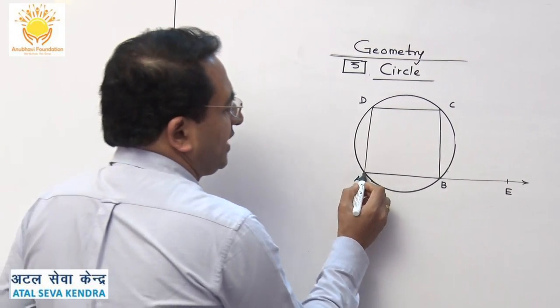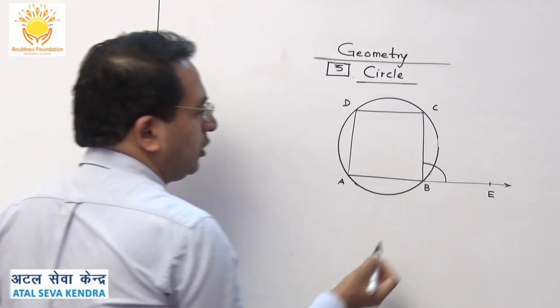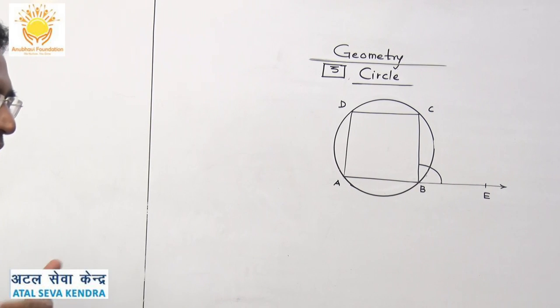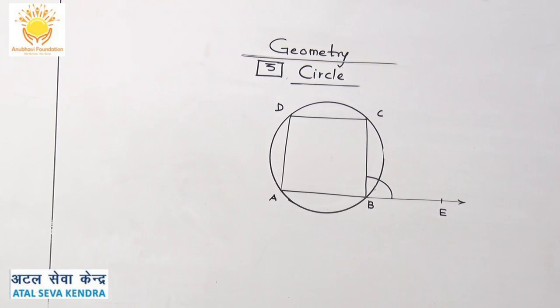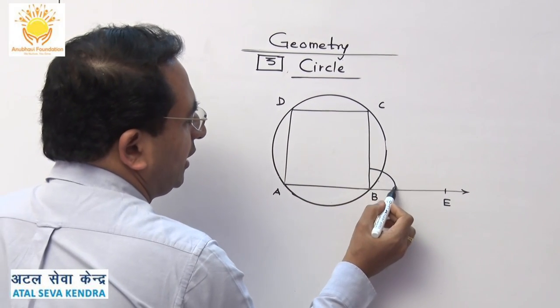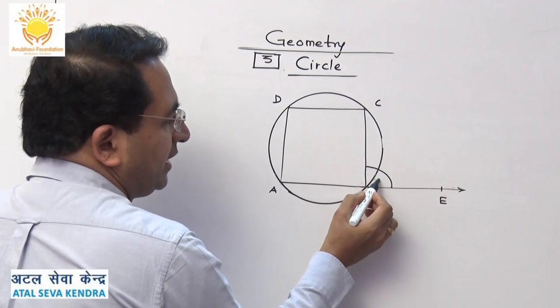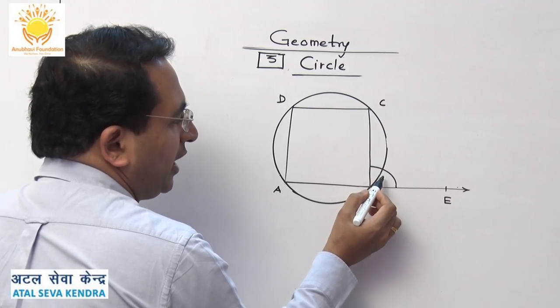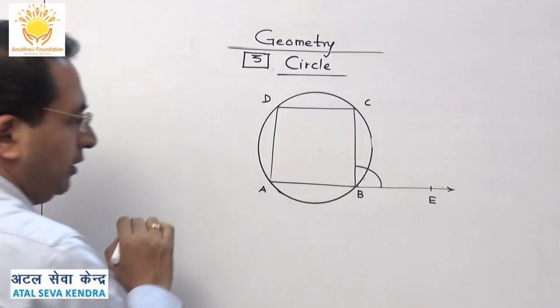Whenever you extend one side, the angle formed is called an exterior angle. In the case of a triangle we say exterior angle of a triangle. Here we say it is an exterior angle of a cyclic quadrilateral. That angle is congruent to the angle opposite to its adjacent interior angle.